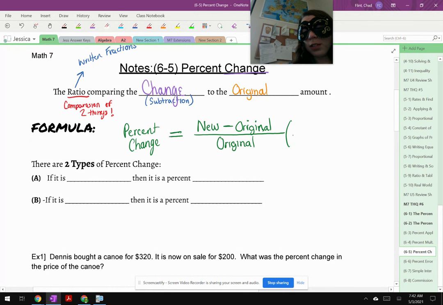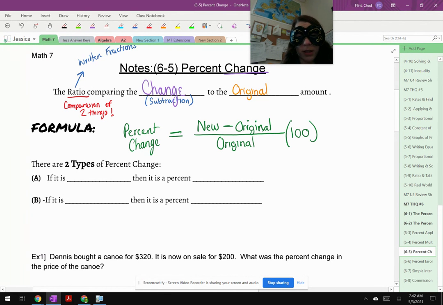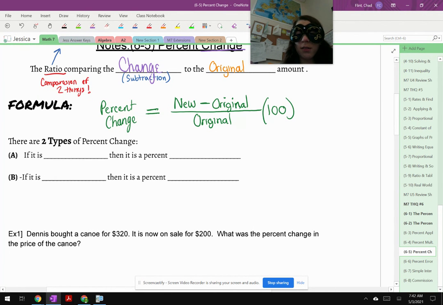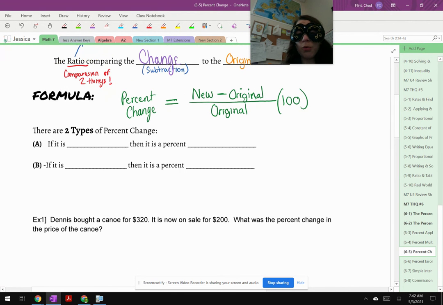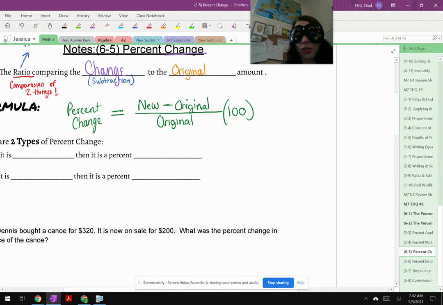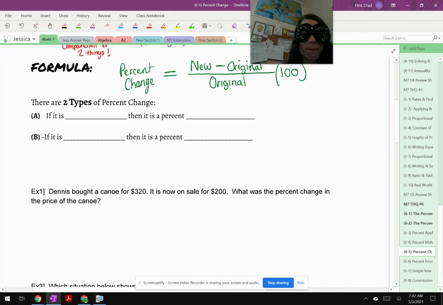That gives you your decimal. And then last but not least, you're going to multiply it by 100 to get the percent. And that gives you your percent change. So new minus original, divided by original, times 100.